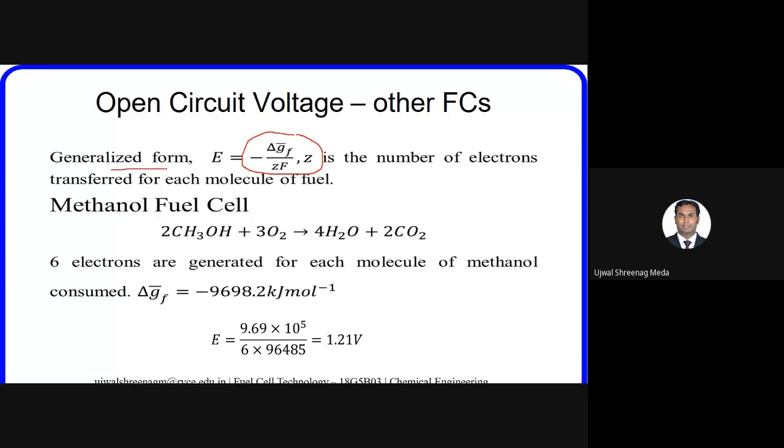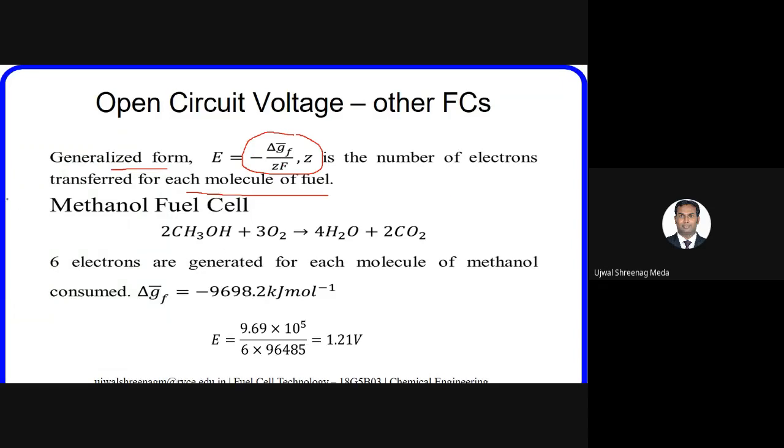If you want to generalize this, the open circuit voltage or electromotive force or voltage of a fuel cell can be calculated using this equation. Here z represents the number of electrons transferred or generated when each molecule of fuel is consumed, and F is Faraday's constant.